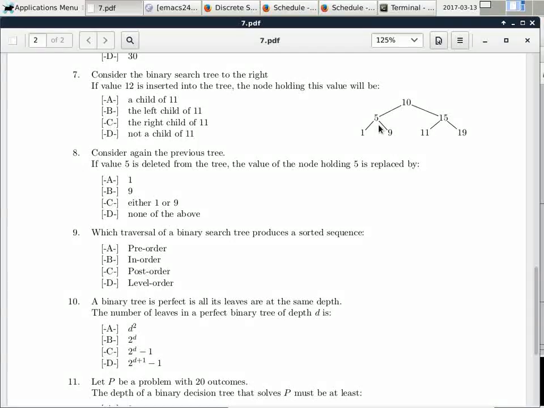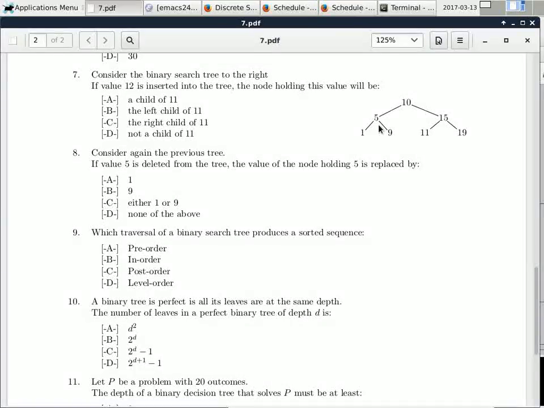All right? And so here, if we go right and then all the way left, what do we find? 9, because we go right and then there is nothing to go left, so we already are all the way left. So 9 is a good candidate. In fact, if you put there 9, it still remains a binary search tree.